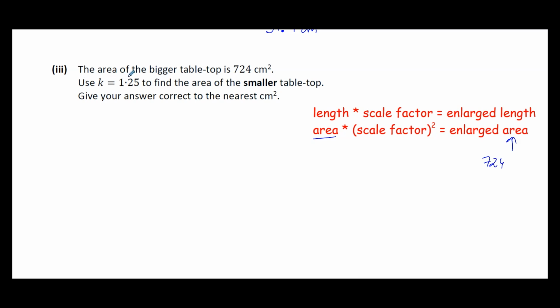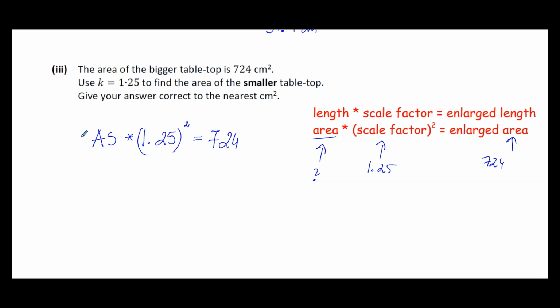Use k, which is 1.25, our scale factor, to find the area of the smaller tabletop. So this is the area that we are looking for. Let's create our equation. The area of the small table, let's put AS, multiplied by the scale factor 1.25, taken to the power of 2, will give us the enlarged area of 724.